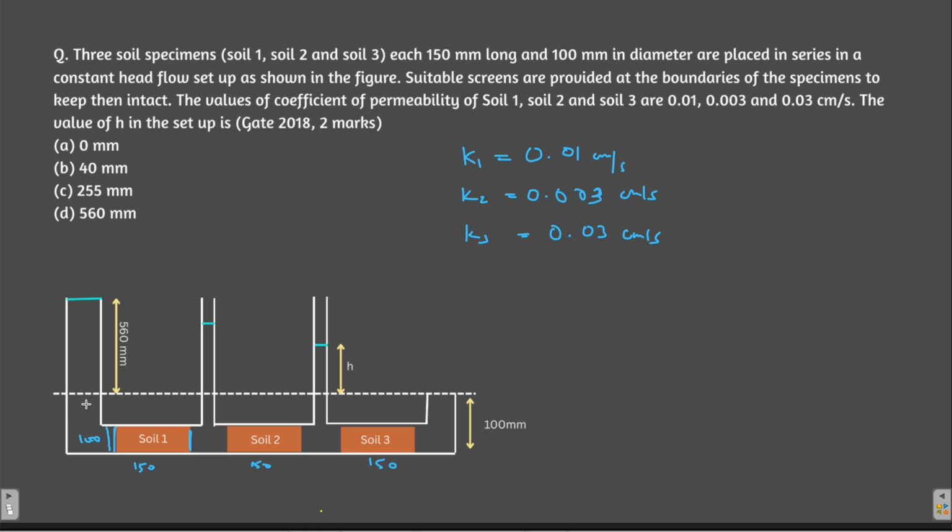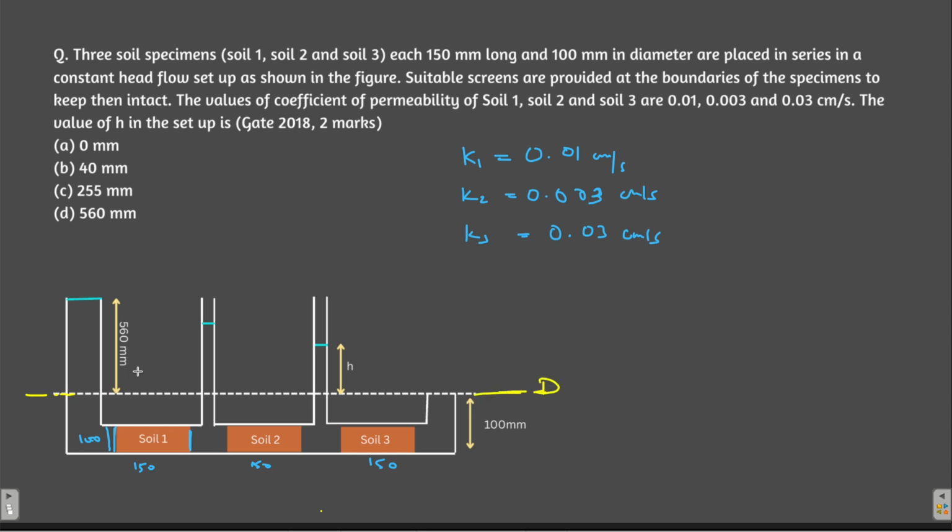You have to see from where this 560 is measured. Is it from this level? Is it from this level? What is the level from which we are calculating this 560? So this 560 we are calculating from here. This is the datum.